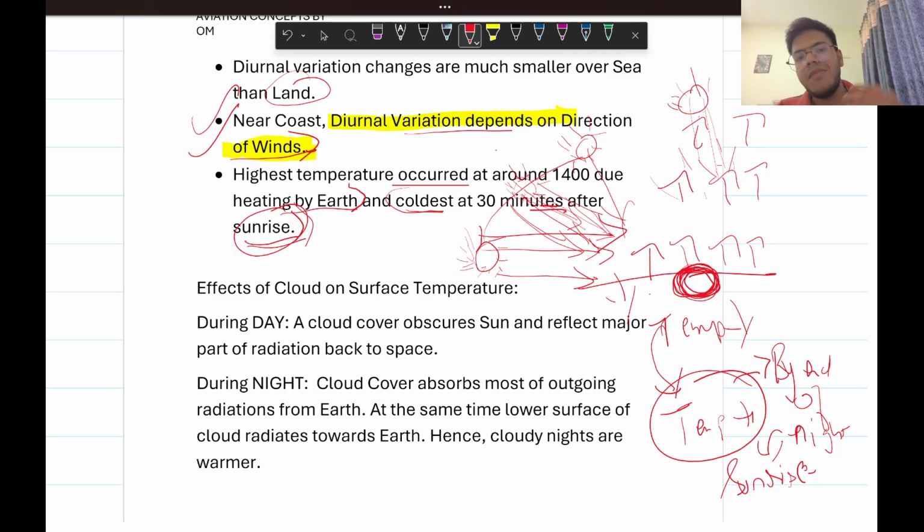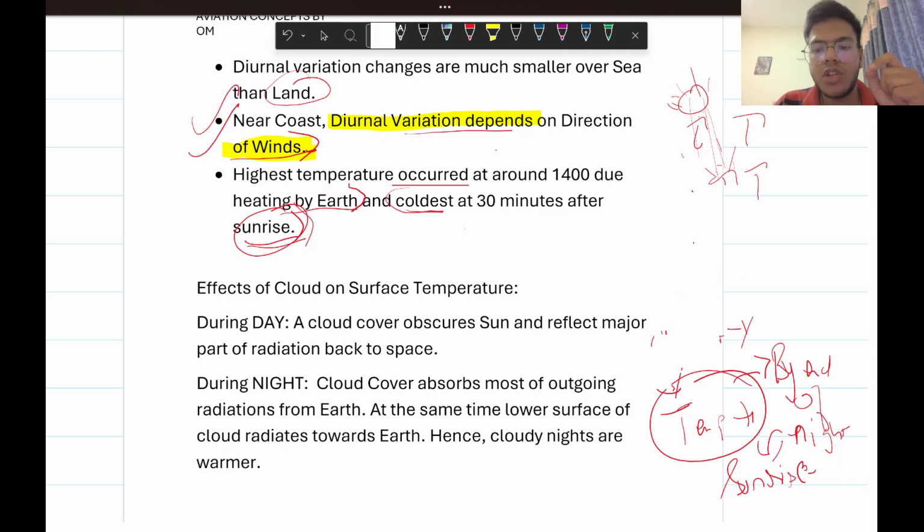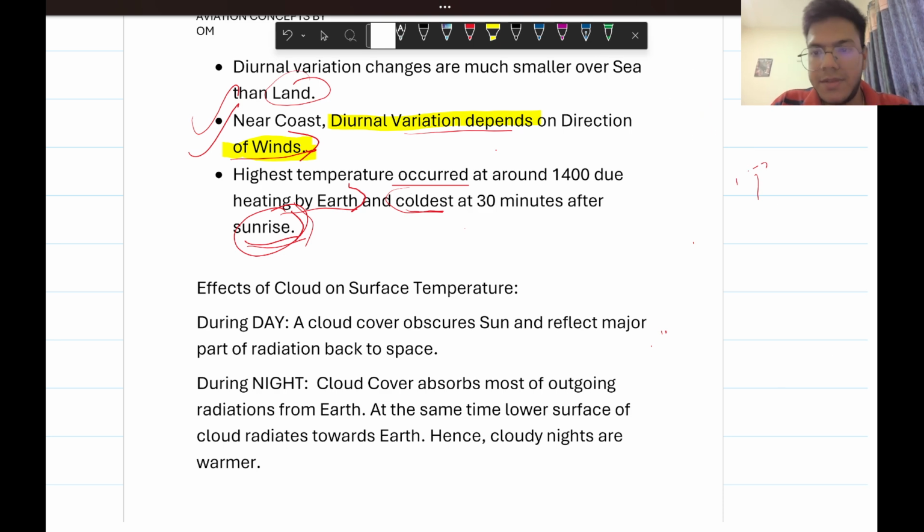Guys, I hope I am able to tell you why this happens, the logic behind this. I know DGCA won't ask you the logic, but concept clarity is always my priority. So guys, remember this, 30 minutes after sunrise, this is your MCQ question, and this 1400 is also your MCQ question.